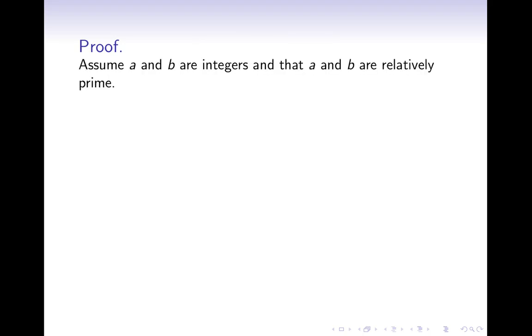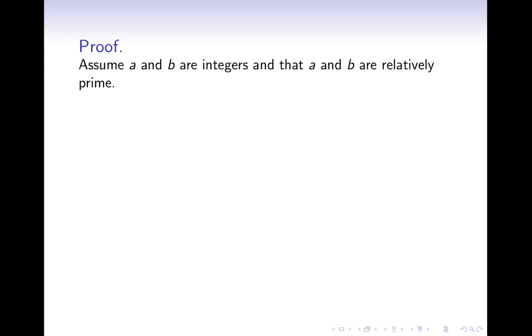And now we're looking at a proof of the lemma. So we're proving for all integers a and b something happens, and that something is that if they're relatively prime, then so are the two integers a minus b and b.